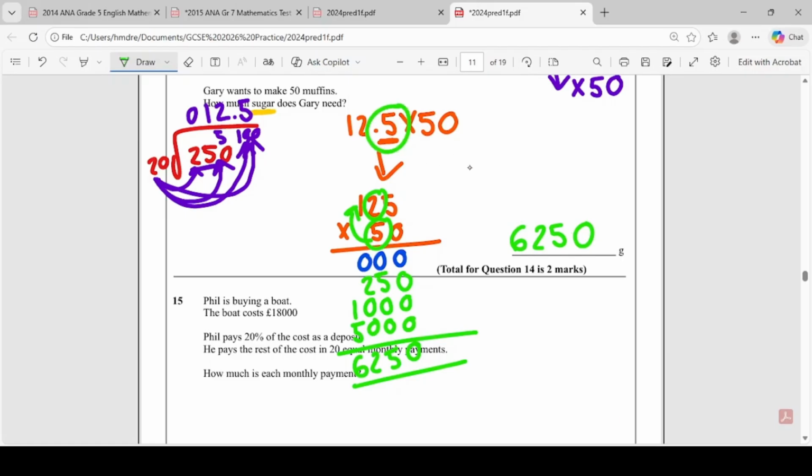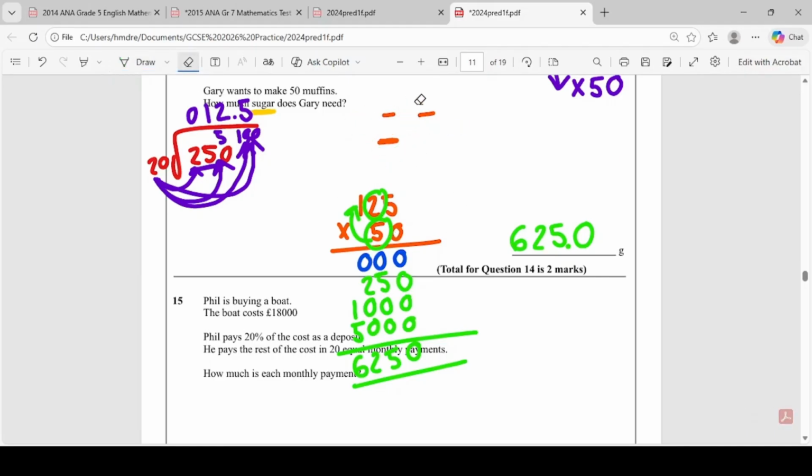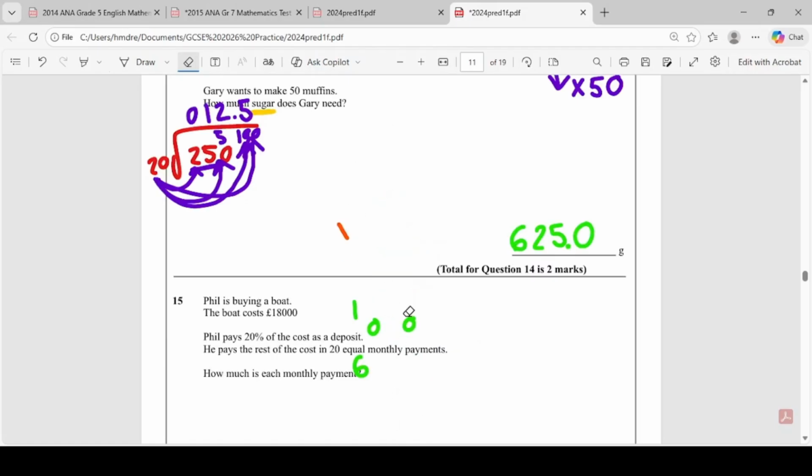So we had 1 decimal place when we started, so we need 1 decimal place when we finish. So we need 625 grams of sugar for 50 muffins. So like I say, with that one, what's really important is it's a proportion question. You always start by converting it to how many do I need for 1? And then it doesn't matter if your multiplication looked different to mine, just make sure your answer was the same.